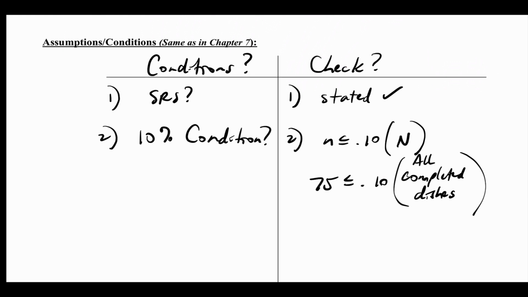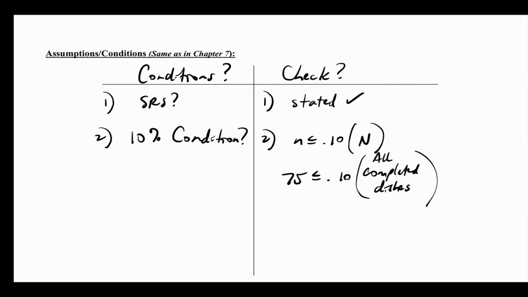All completed dishes. That number would need to be at least 750. We don't know that for sure, but we just write the value in there. So for our numbers to be reliable, the owner should know that all completed dishes need to be at least 750. And if it's a popular chain restaurant, 750 dishes is not that much. You'll get through that in a week.